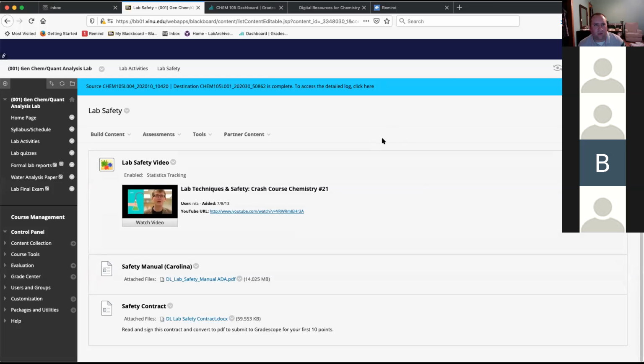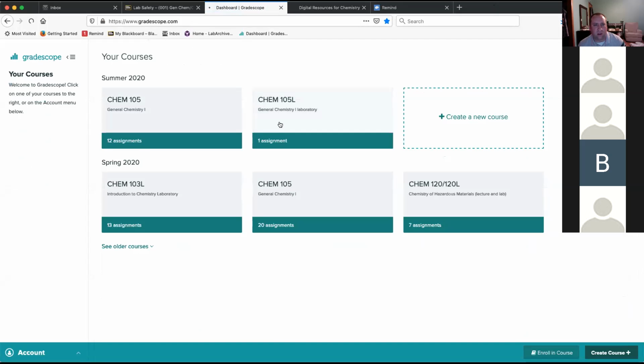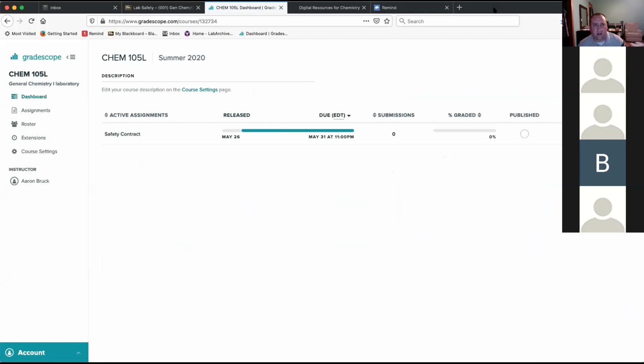Gradescope does not do Word documents, but it does do PDFs, and it does do pictures. So you can upload either way.